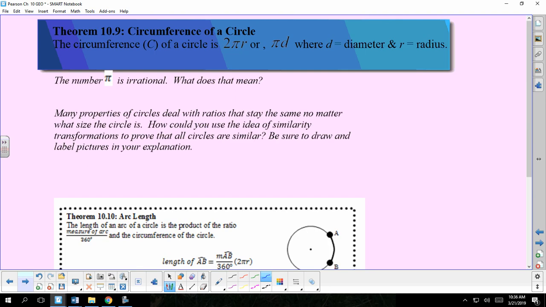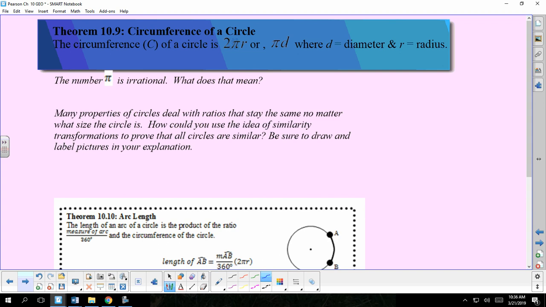All right, moving forward. The circumference of a circle is 2 pi r, or pi times diameter, where d is the diameter and r is the radius. The number pi is irrational. What does that mean?